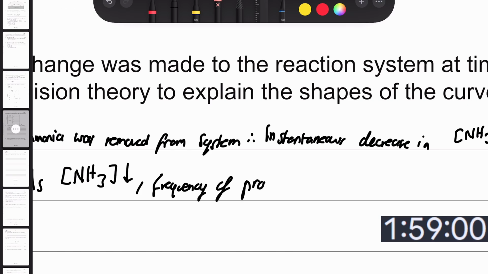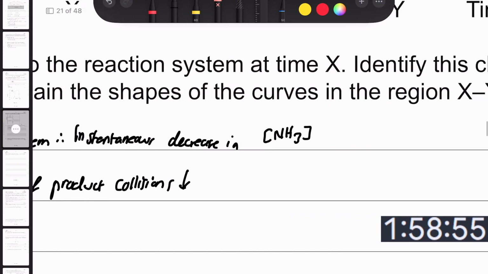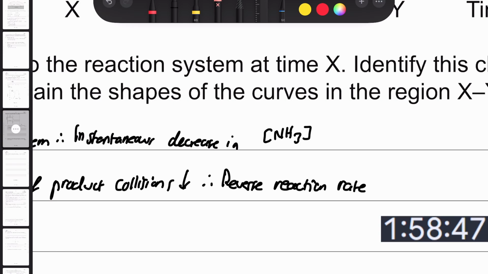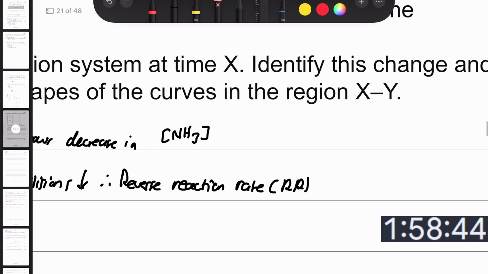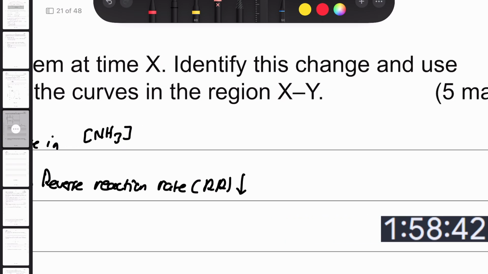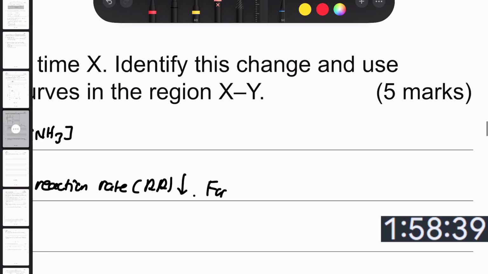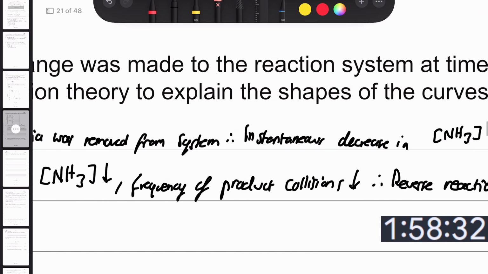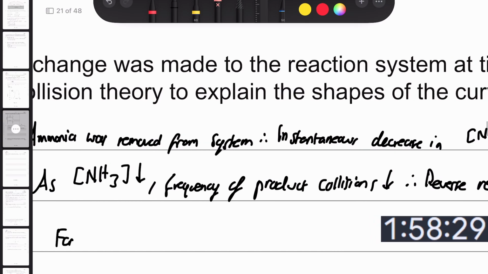Frequency of product collisions decrease. Therefore, reverse reaction rate decreases, and then forward reaction rate not affected, therefore forward reaction favored.